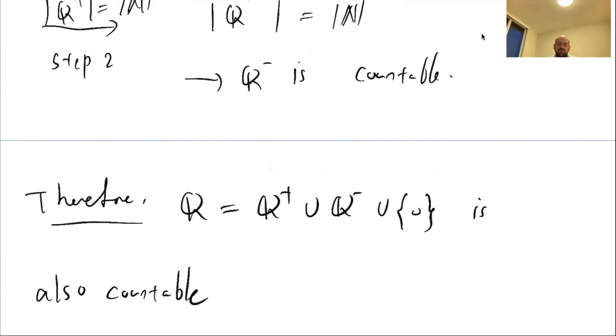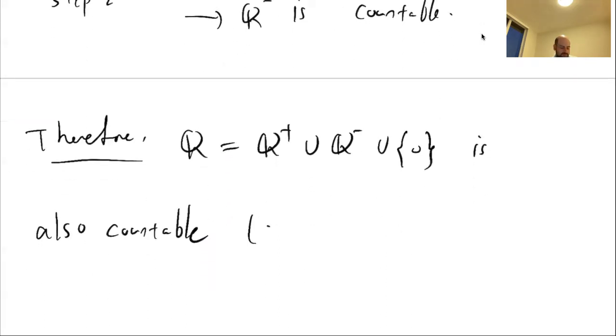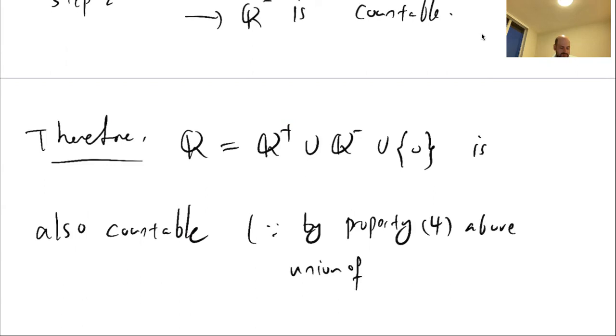And by the property that we saw before, property 4 above, the union of, let's say, 2 countable sets is countable.